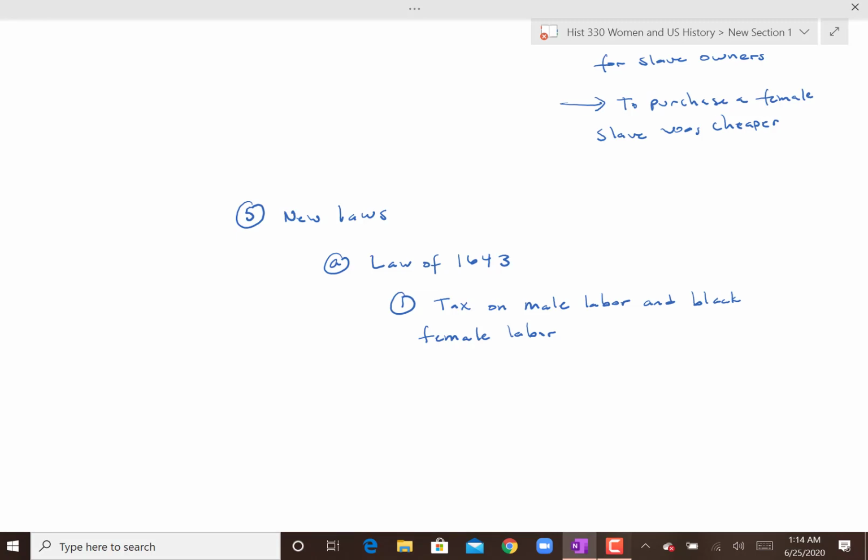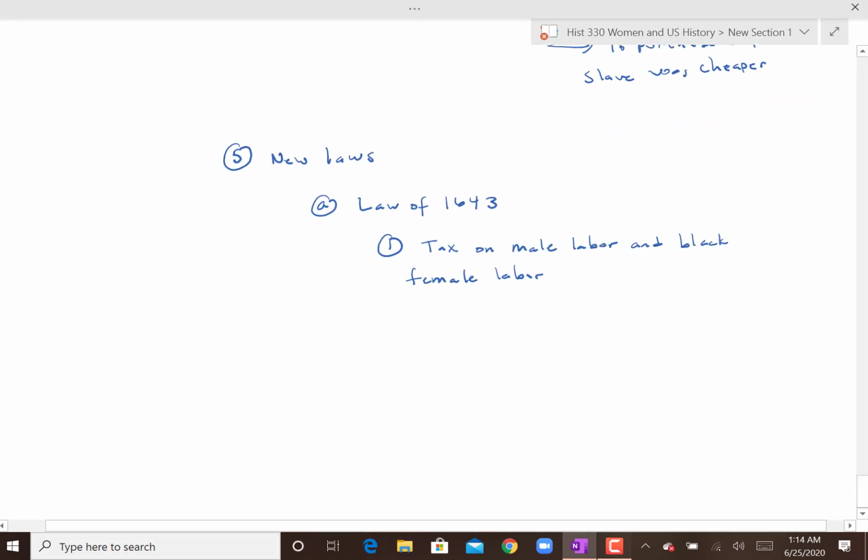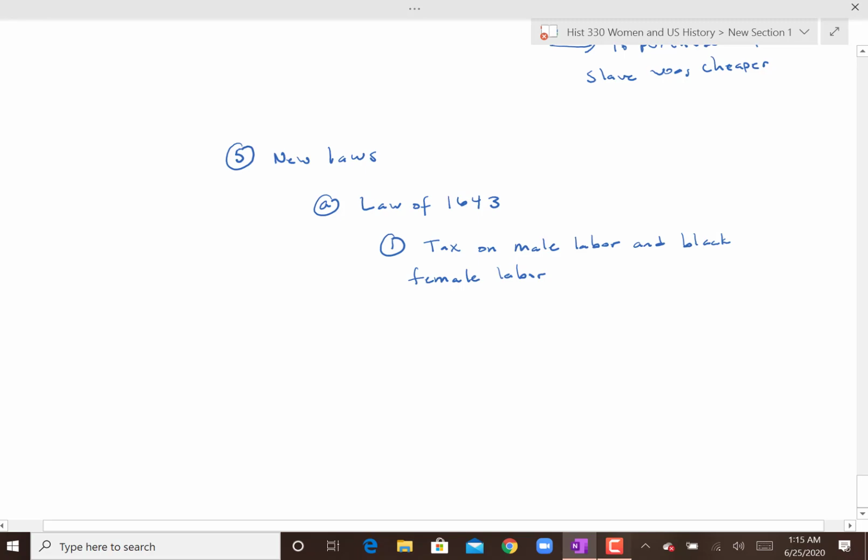So they wanted to tax people, the owners, on any laborers that they had that were then producing that amount of money. This is important because it tells us something important about the beginning transition to view slavery and race.